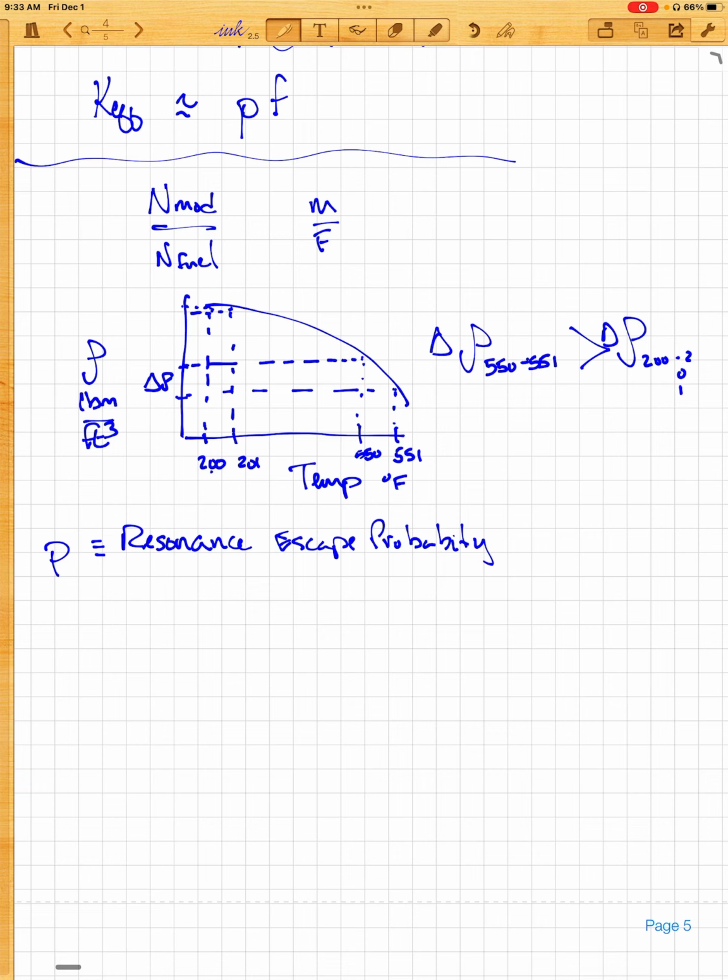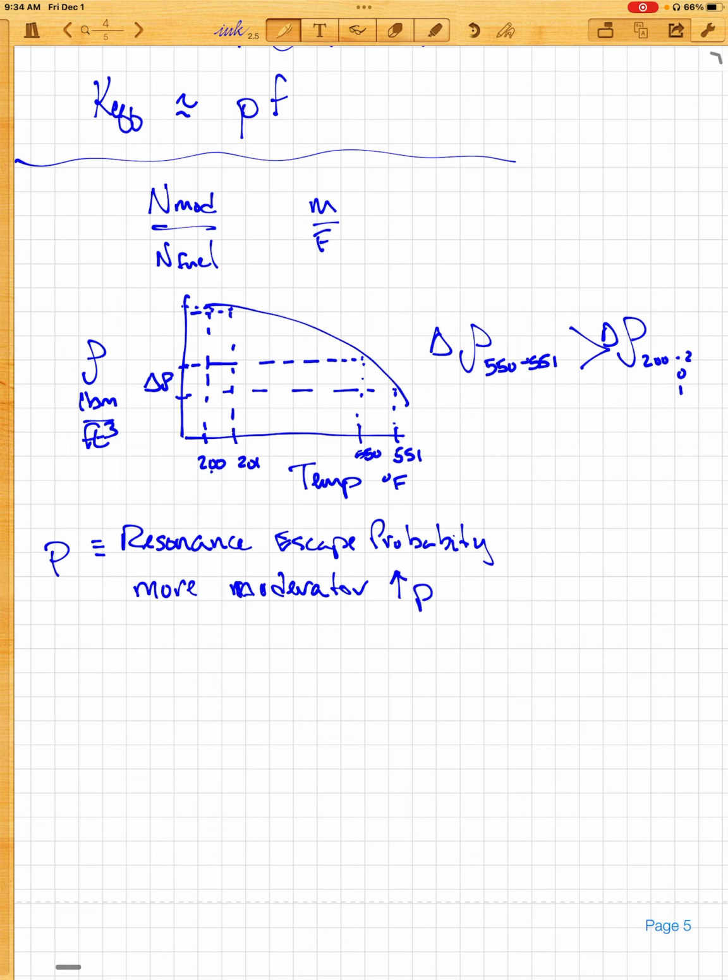So the quicker it slows down or loses energy, the less likely it is. All right, the thing that's going to slow these guys down is more moderator. More moderator is going to slow them down quicker, and the resonance escape probability is going to rise.